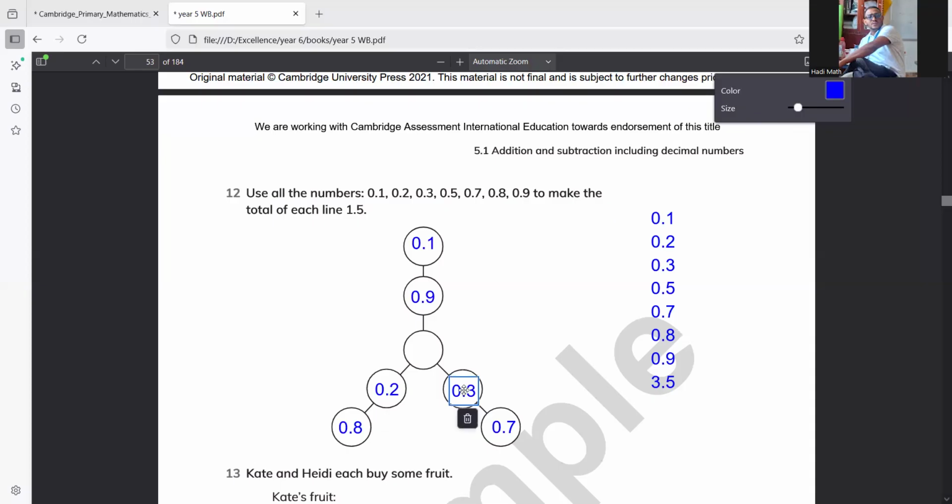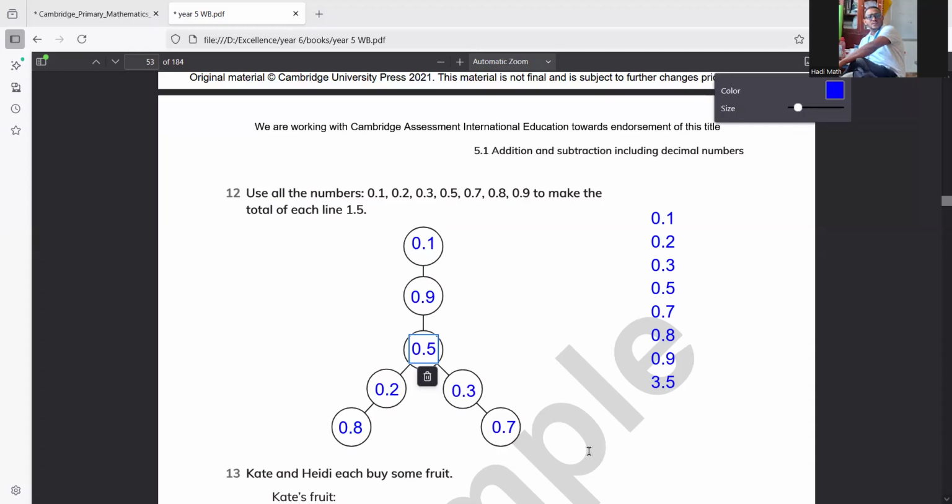You have 3 groups, and you need to find the pairs that are equal to each other: this is 1, this is 1, this is 1. Now the number in the middle will be 0.5. You need to understand this is what is common between them. Now go and add. Those give you 1.5, those give you 1.5, those give you 1.5. This is how you think about it.